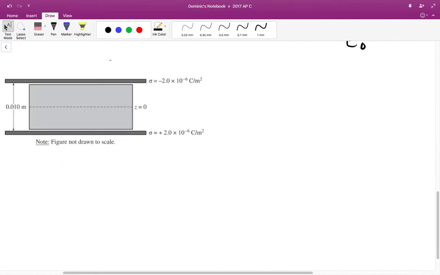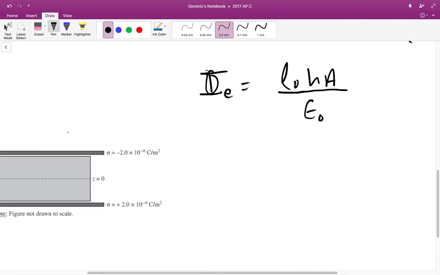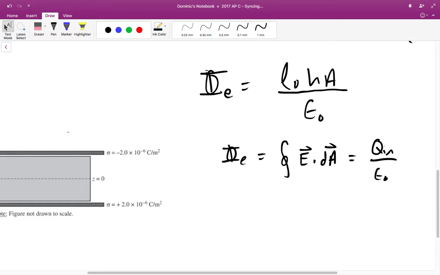So we've already set up Gauss's law. What would our electric flux be here? Rewriting Gauss's law, electric flux is equal to the closed surface integral of E dot dA, and that's equal to Q inside over epsilon naught.